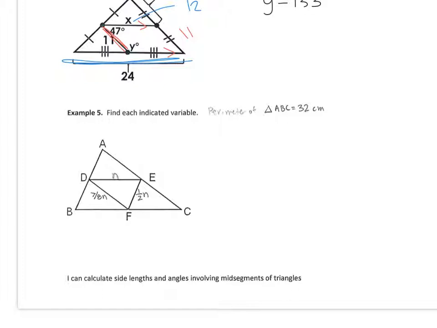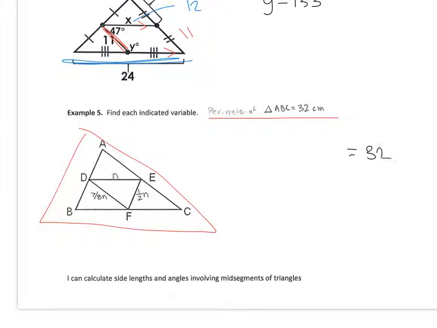You're given that the perimeter of the triangle on the outside is 32. So that means that this plus this plus this equals 32. So I'm going to write equals 32. If right here is n, and these are midsegments, this is n and this is n. So this side is 2 n's.